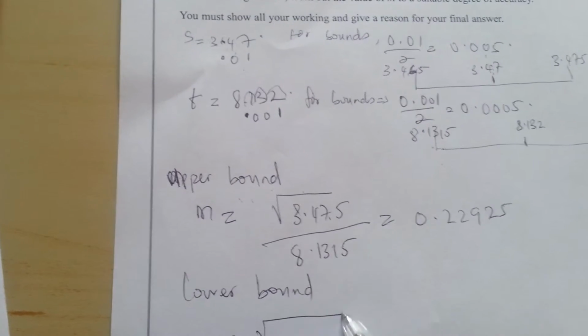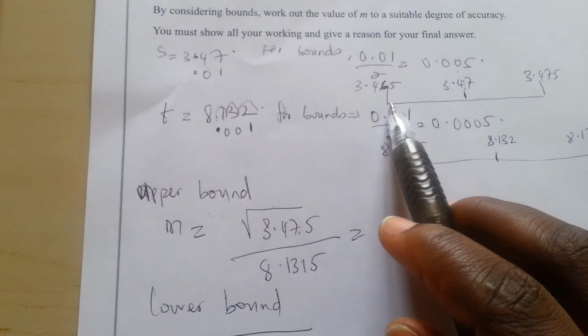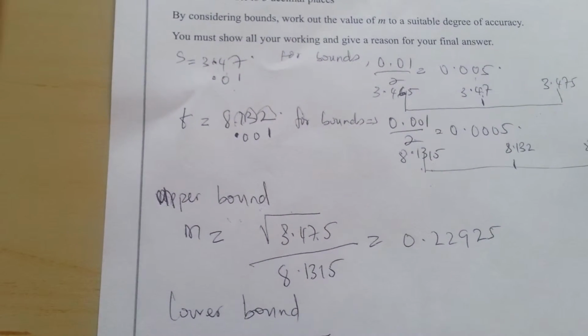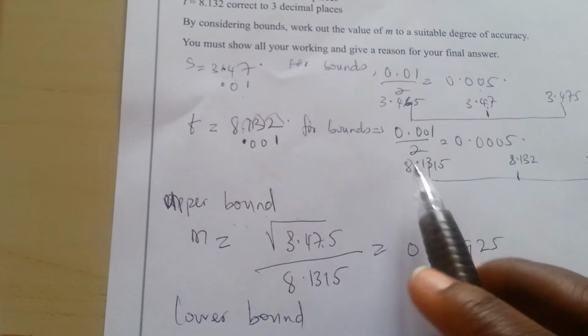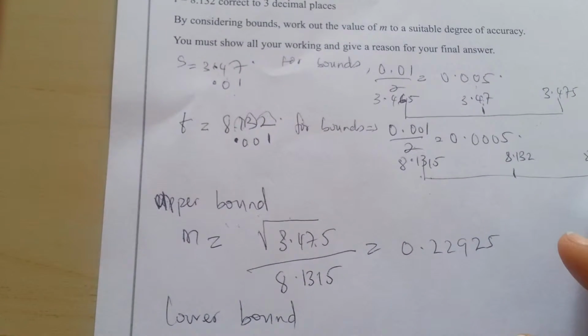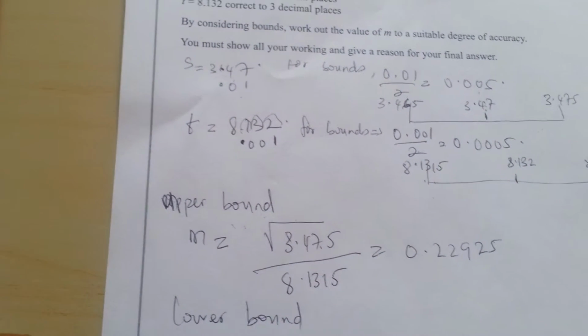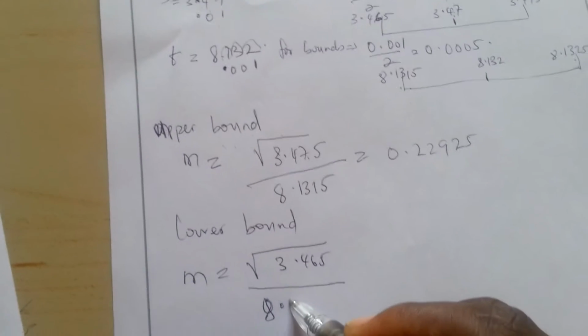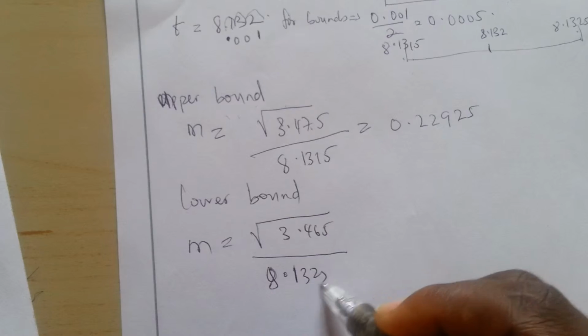Now for the lower bound, m is going to be the square root of, we will now take the lower bound of the numerator, 3.465 divided by, now we will take the upper bound of the denominator. You see the way we're doing it? 8.1325.